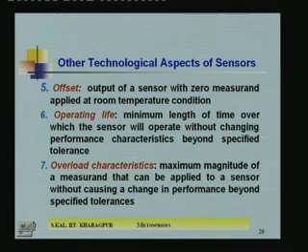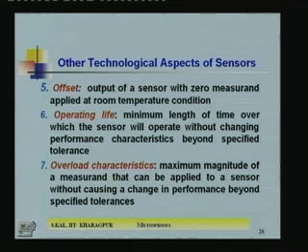Overloaded means, for example, an acoustic sensor is measuring the noise level, the sound level. The sensor can measure a maximum of, say, 100 dB sound amplitude or whatever it is. Now, if the sound level is so loud, say 200 dB, then it is overloaded, so the output is unreliable.